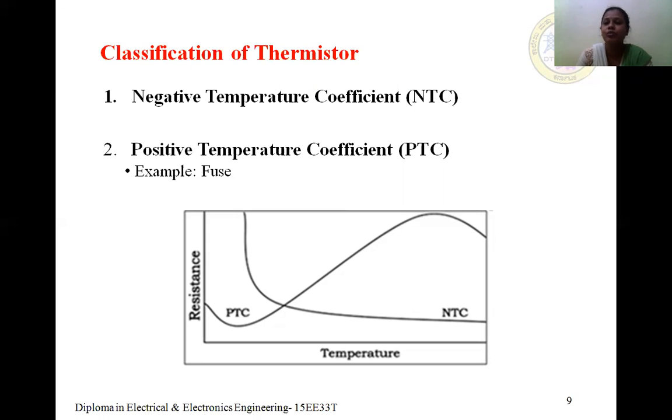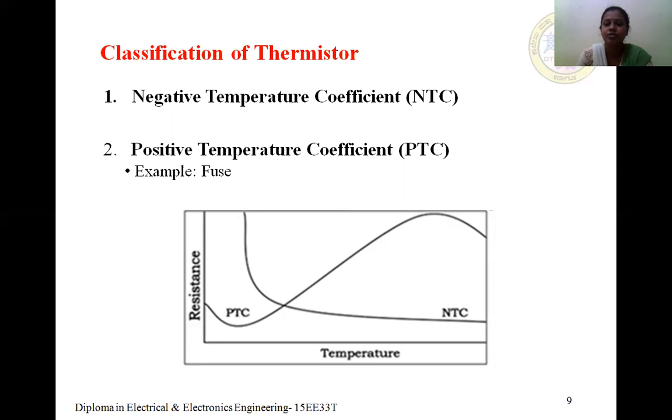Now let me explain NTC. In NTC, as the temperature increases, the resistance decreases, and when the resistance decreases, the temperature increases. This type of characteristic is exhibited in the negative temperature coefficient.